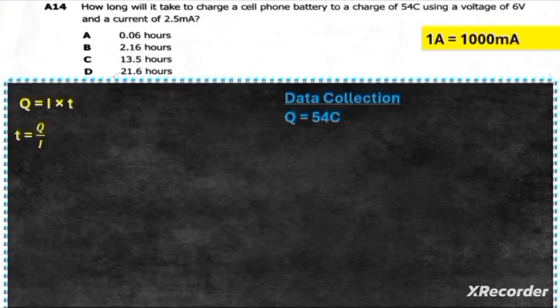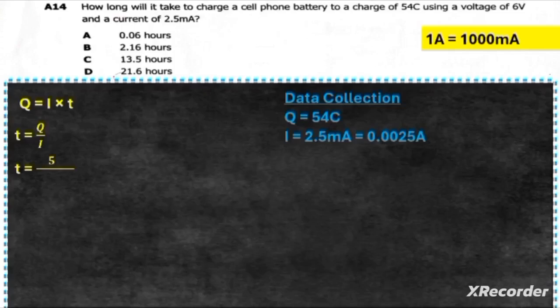We also need to remember that 1 ampere makes 1000 milliamperes. Since we have been given current in milliamperes, we are going to convert it to amperes, which is 0.0025 amperes.